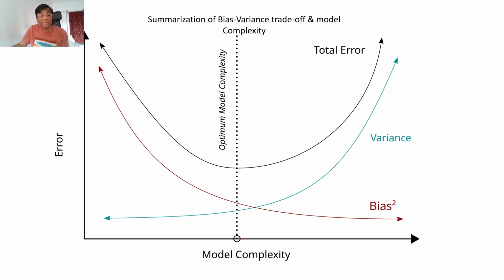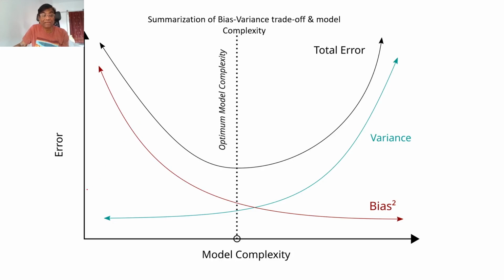You see, this is the model complexity versus bias and variance trade-off. See, this is the bias. When the bias is increasing towards this, model complexity is decreasing, but error will also increase.